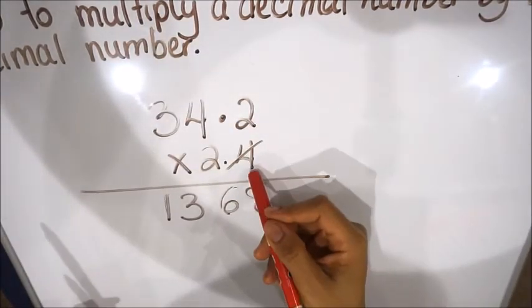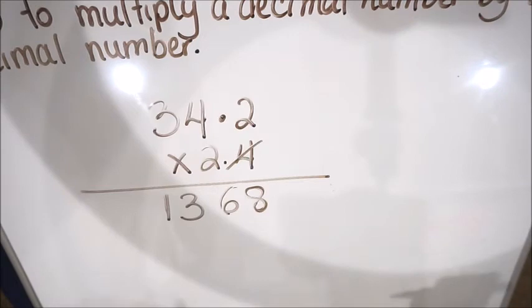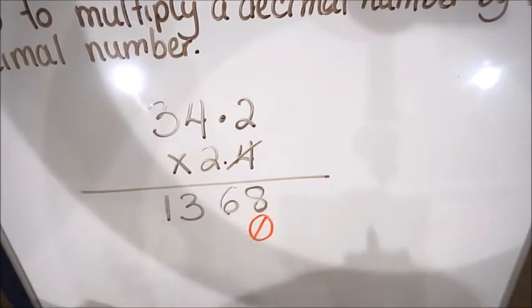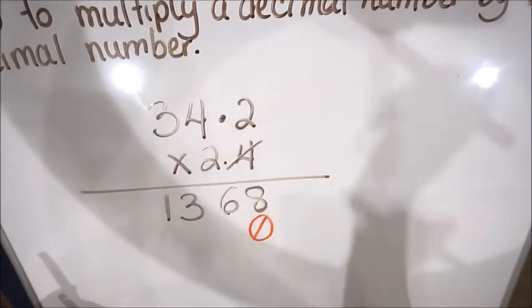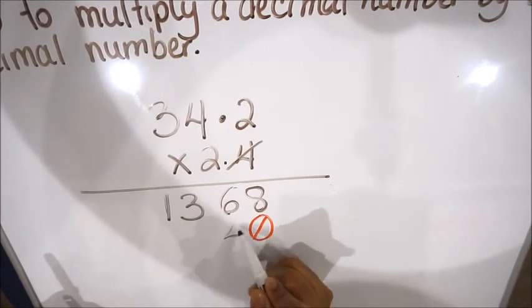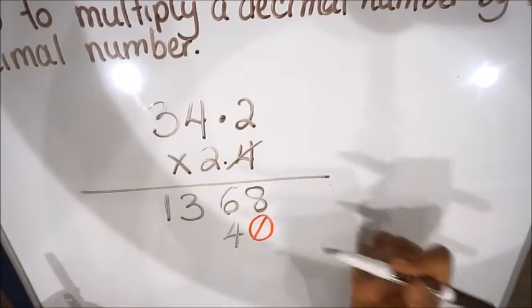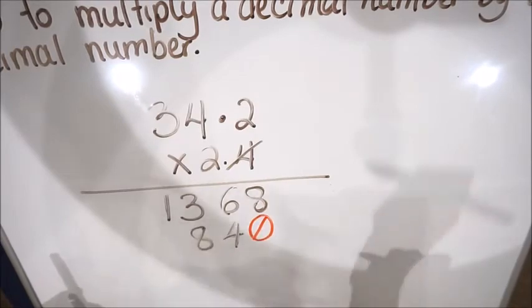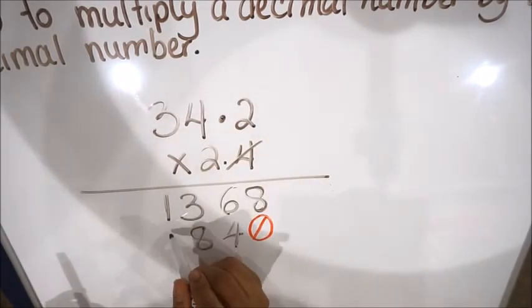And since I already used one number to multiply, I'm going to put 1 0 in here as my placeholder. And then I'm going to continue to multiply 34 and 2/10 by 2. 2 times 2 is 4.